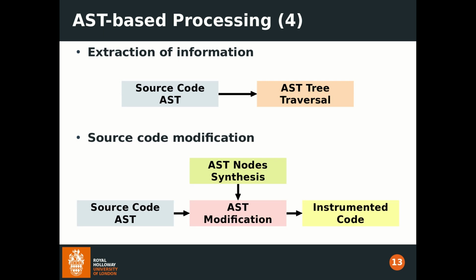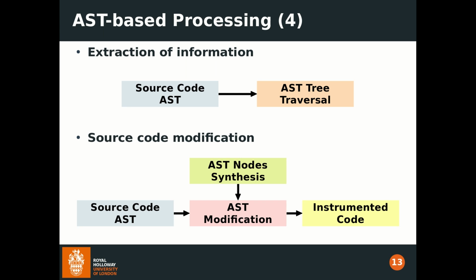Before concluding this presentation, let me emphasize that all the AST processing examples we've been looking at are focused on the extraction of information from the source code. To achieve this, as I explained before, we simply have to traverse the abstract syntax tree. But how about modifying the source code? This is exactly what we need to instrument the application code.